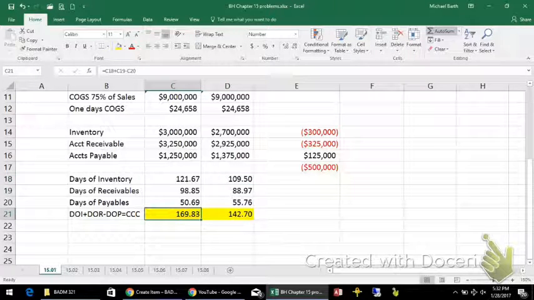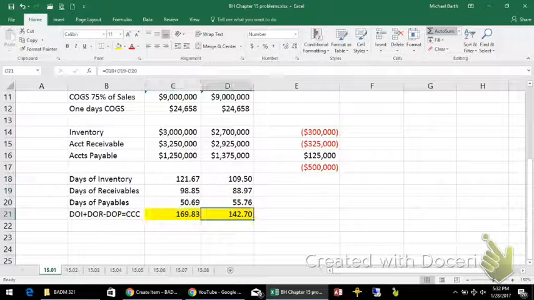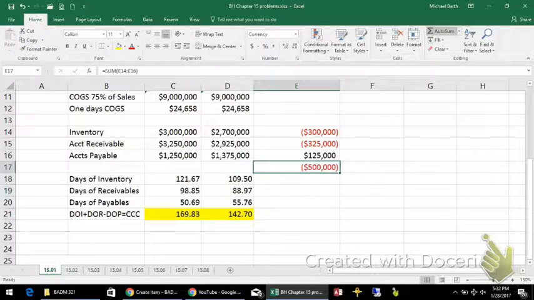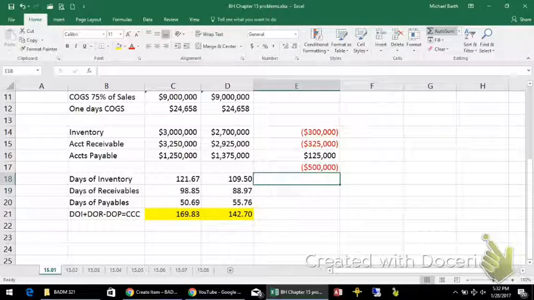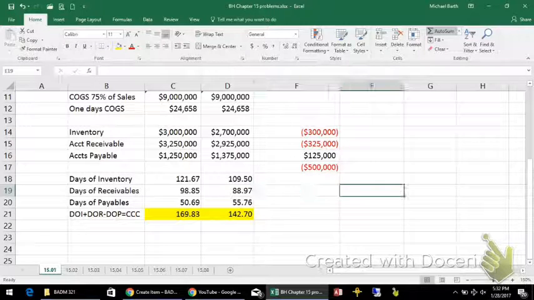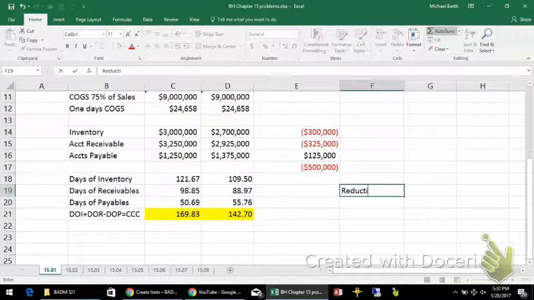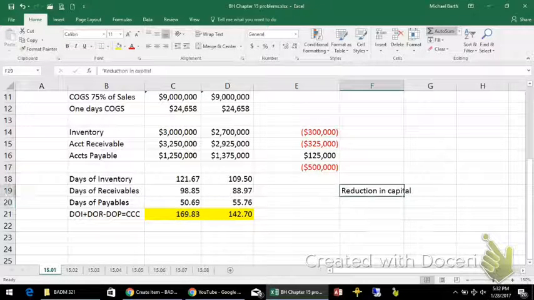So my cash conversion cycle drops from 170 to 143. That $500,000 in savings, the reduction in capital, means that I no longer have to borrow or raise money from shareholders.